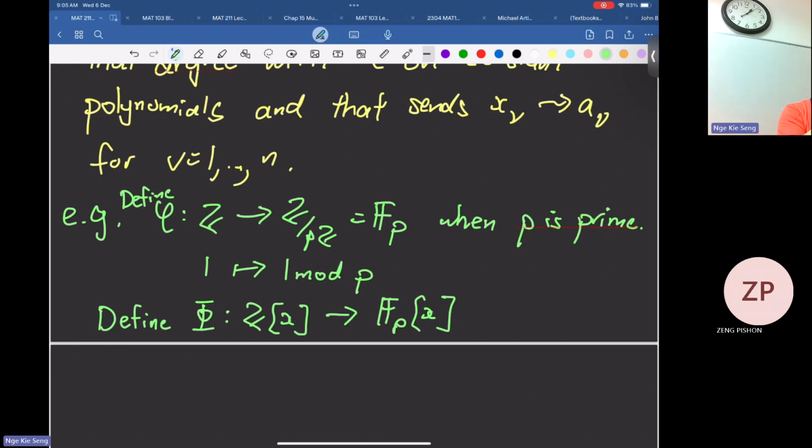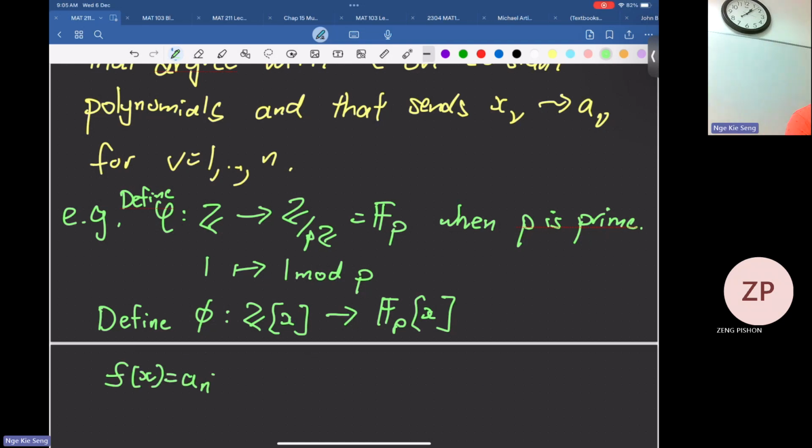Okay, how about this one? Let's call this another name first. If you have phi that reduces Z to Z mod pZ, what kind of map can you define between these two rings here? So you have f(x).